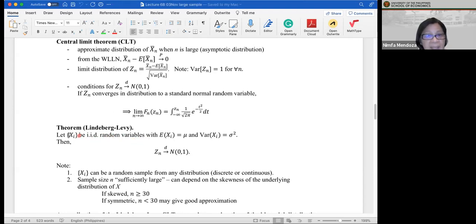Note that this does not suppose any specific distribution of the x sub i's. Our only restrictions are that the expected value of x sub i is equal to mu, and the variance of x sub i is equal to sigma squared.